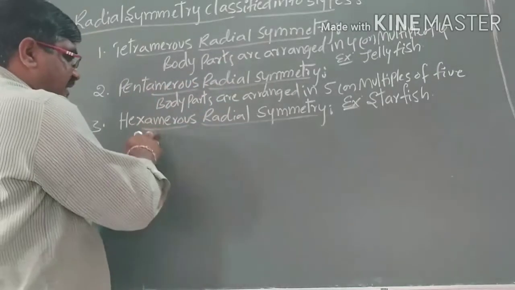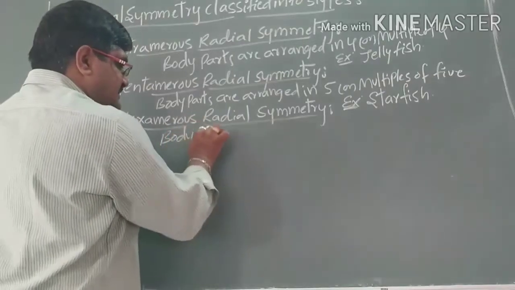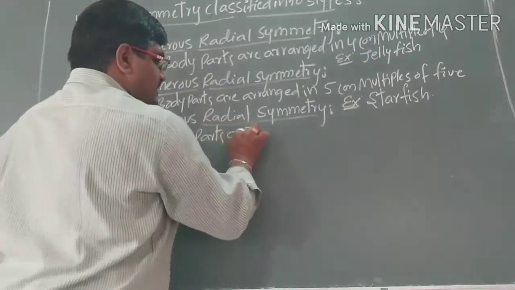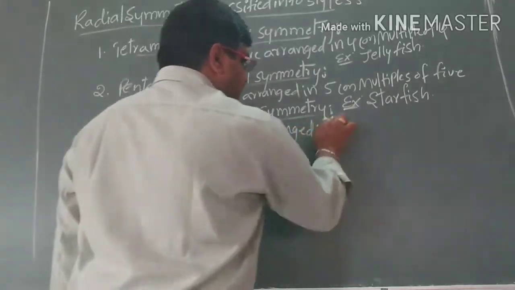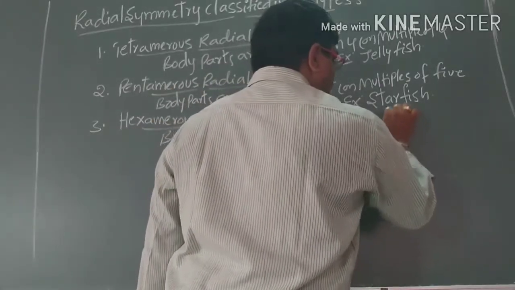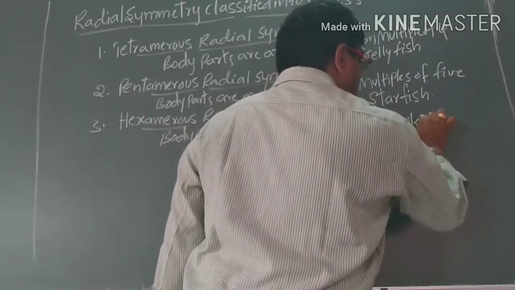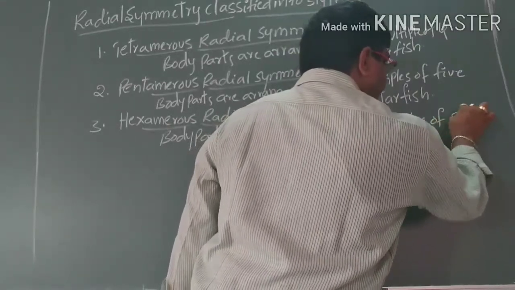Next, the hexamerous. The body parts are arranged in six or multiples of six.